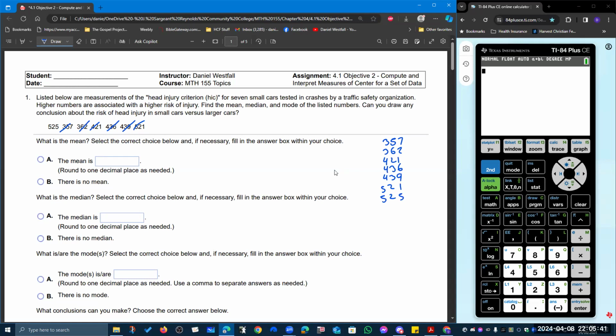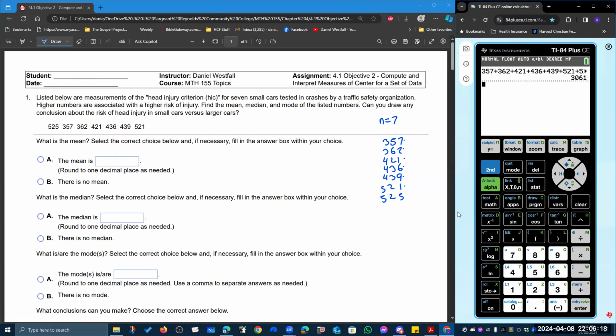But right now I want to find the mean, so I want to add all these things up together. I want to count how many things are in the list: 1, 2, 3, 4, 5, 6, 7 things in my list. That's going to be important in just a second. So let's add all these things up. 357 plus 362 plus 421 plus 436 plus 439 plus 521 plus 525.